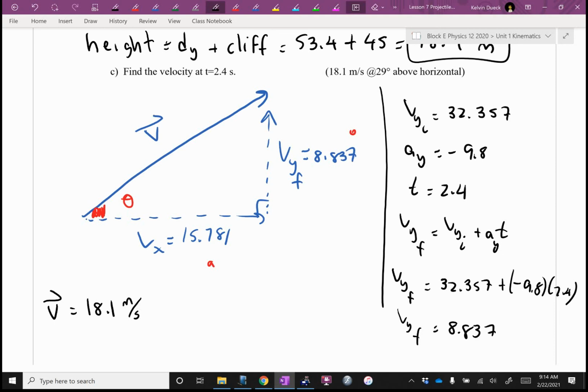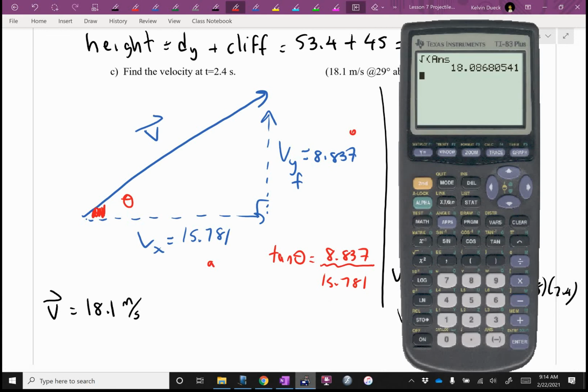Which trig function am I going to use to find theta? Okay. Tan theta equals opposite over adjacent.